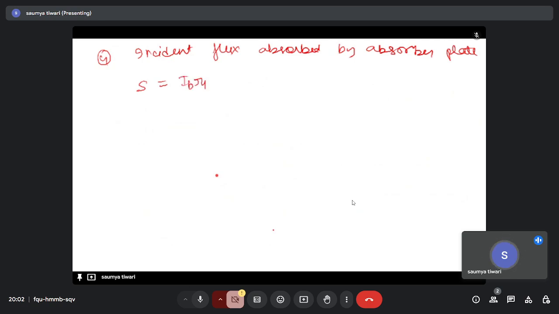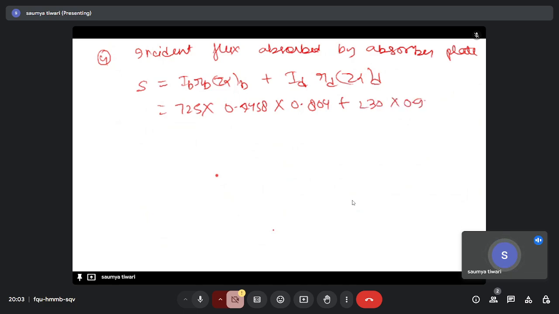It will be IB into RB into tau alpha for beam radiation, plus ID into RD into tau alpha for diffuse radiation, plus IG into RR into tau alpha D for the ground reflected radiation. So we put all the values: 725 into 0.9458 into 0.804, plus ID value 230 into 0.9741 into 0.728, plus 955 into 0.0052 into 0.728.